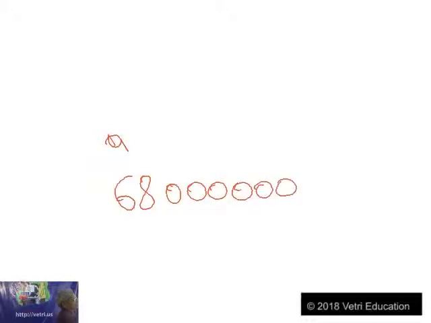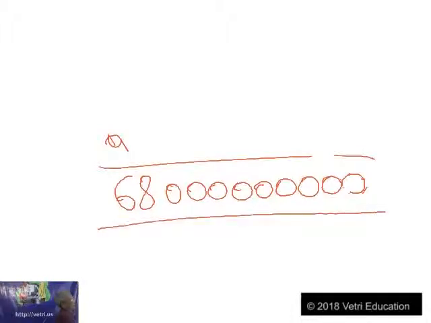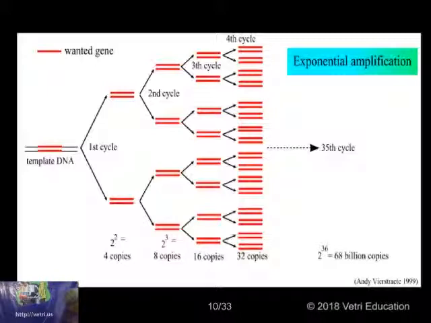This is 68 million and this is 68 billion. Okay? So many copies, an unimaginable number, a very big number. So many copies of DNA are made at the end of 36 generations.